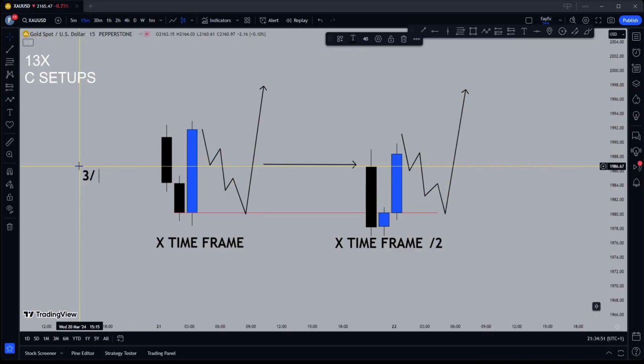Third setup is classic, gap CC. Classic gap CC.